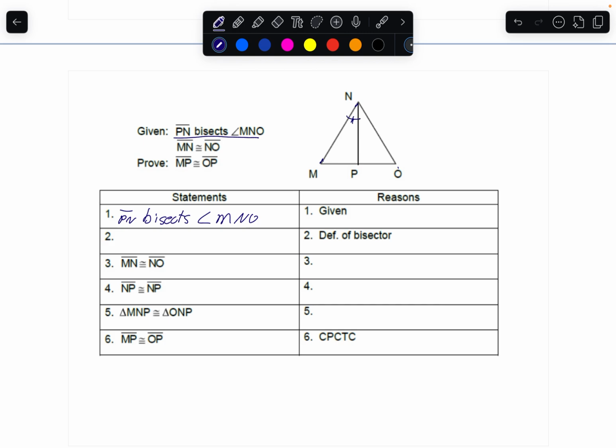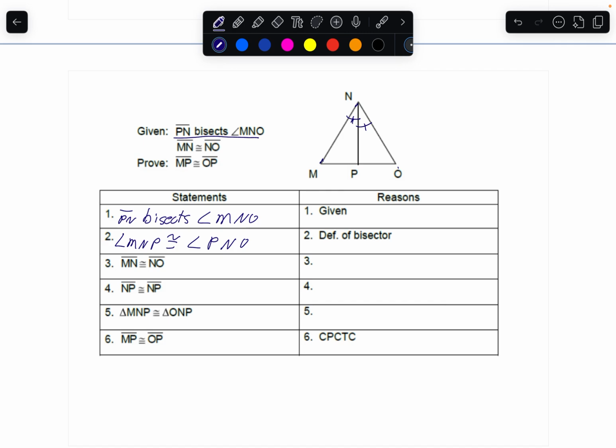This is getting bisected, therefore it's getting cut in half. So now I can say that angle MNP is congruent to angle PNO by definition of angle bisector.